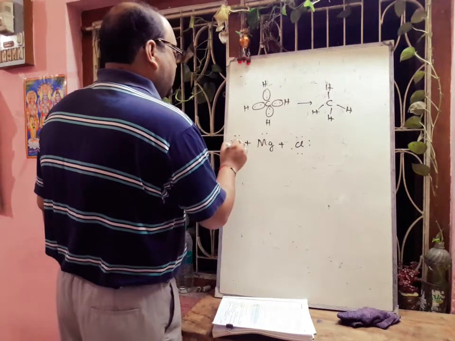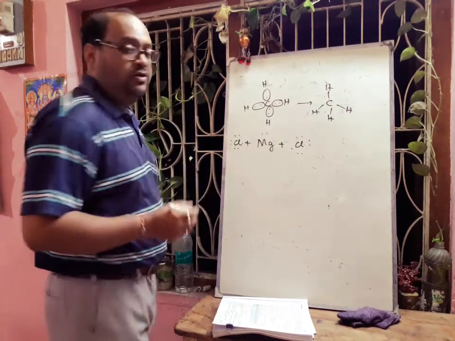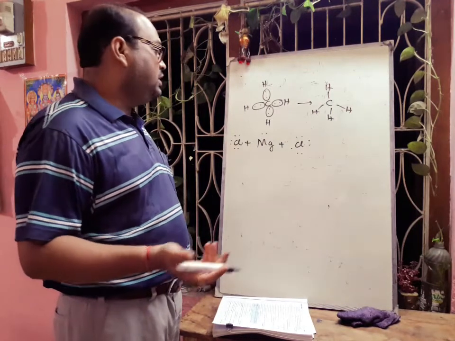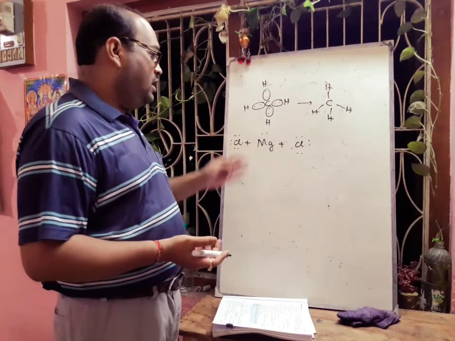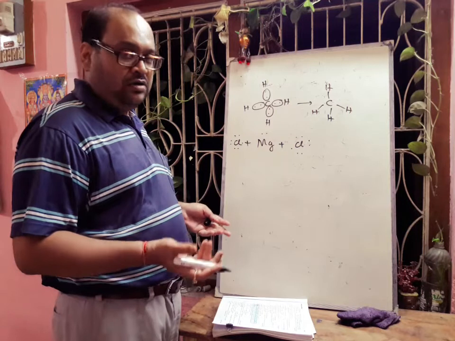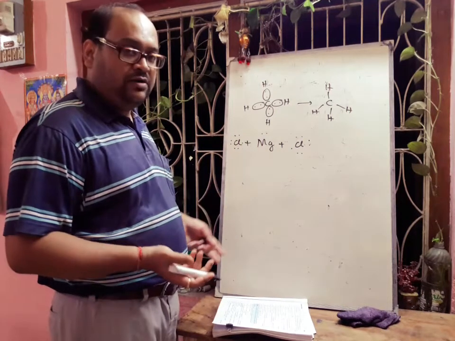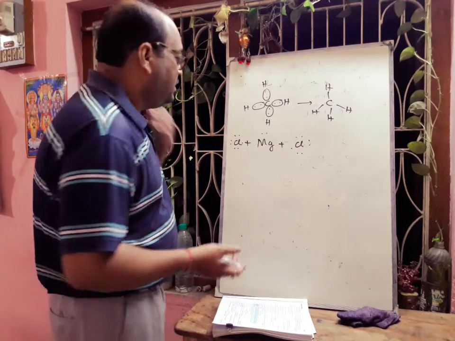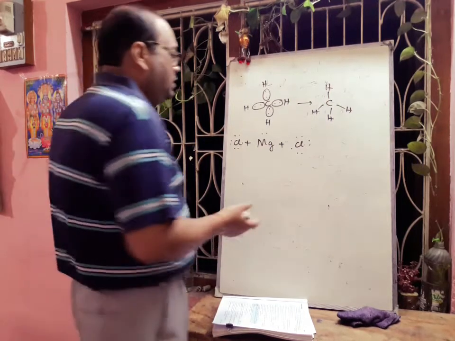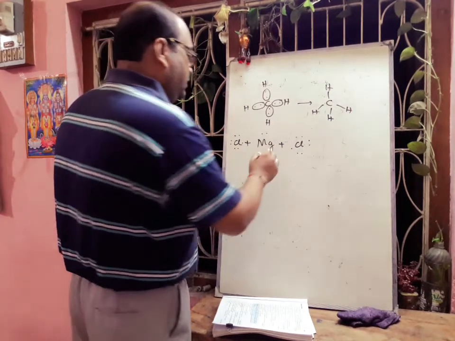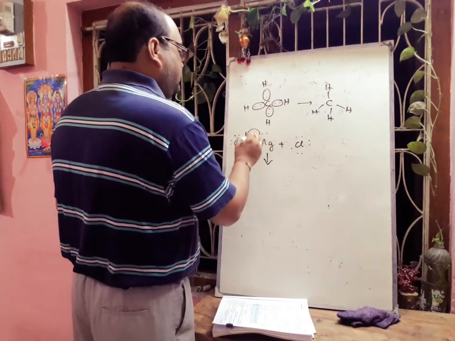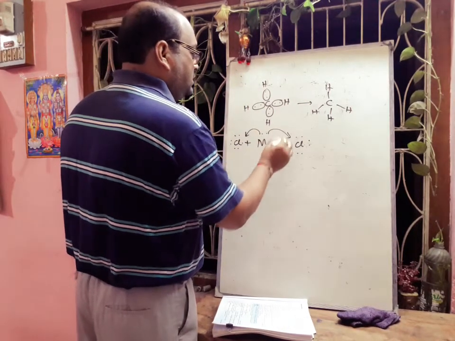Now one student is asking: sir, if we draw the dot cross structure, will it be correct? Yes, you can draw. In case of metal you can write dot, and in case of non-metal you can write cross, no problem. This structure was given by Lewis. You can write the dot cross structure so that you can easily identify. So magnesium will transfer 1 electron to one chlorine, and another to the other chlorine.